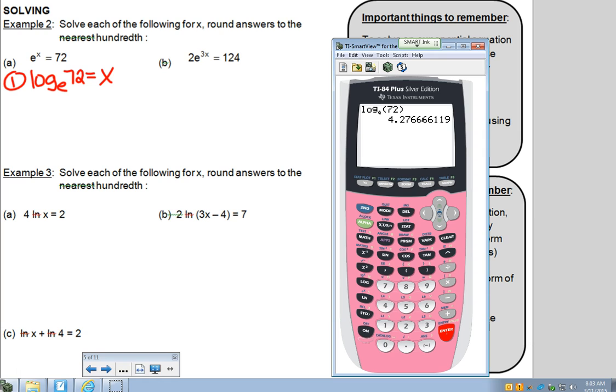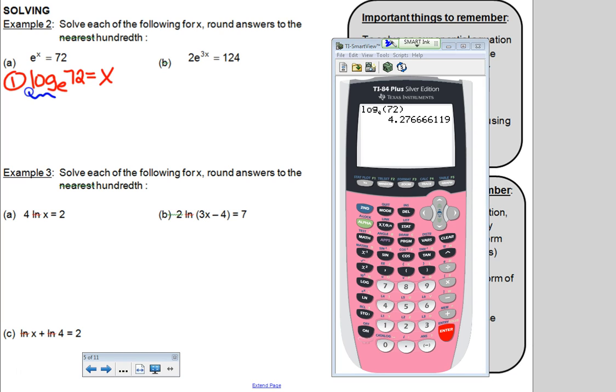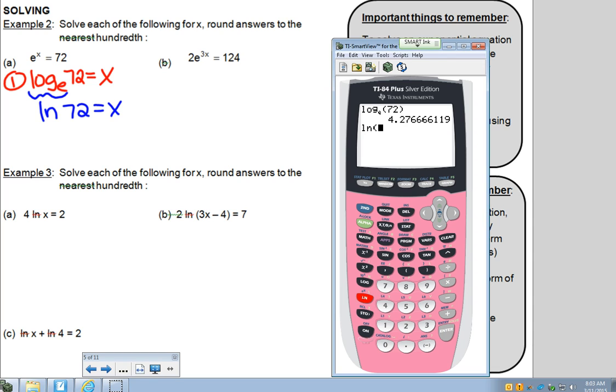And there you go. Now log base e, if you look it up or Google it, you're not going to really see this. This is not standard. What's standard is to replace log base e with its more common form, which is ln. Again, you don't have to make that change. You could just change forms and do what we just did. But just to show you, ln of 72 means the exact same thing.